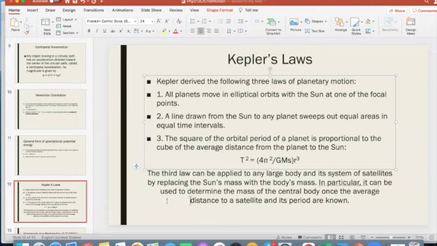The third law can be applied to any large body and its system of satellites, which just means moons, by replacing the sun's mass with the body's mass. In particular, it can be used to determine the mass of the central body once the average distance to a satellite and its period are known.